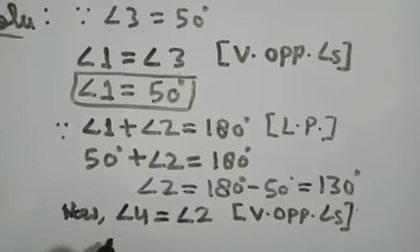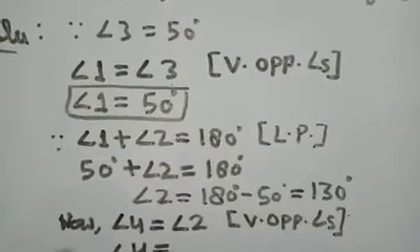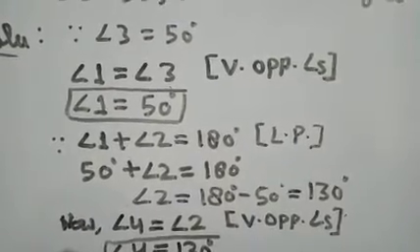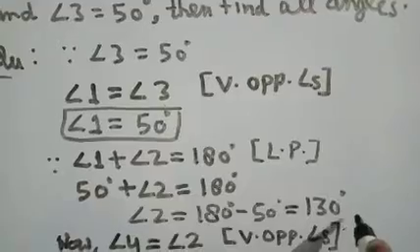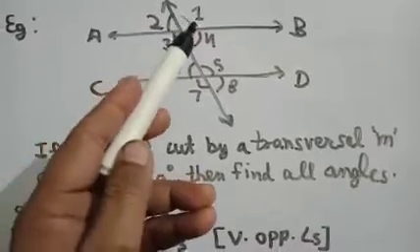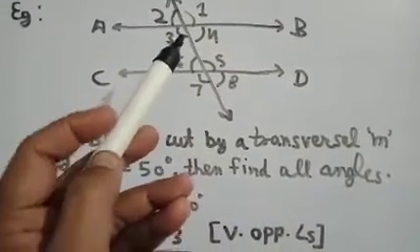Angle 4 is equal to 130 degree. So you have found angle 1, 2 and 4 when the angle 3 is given.